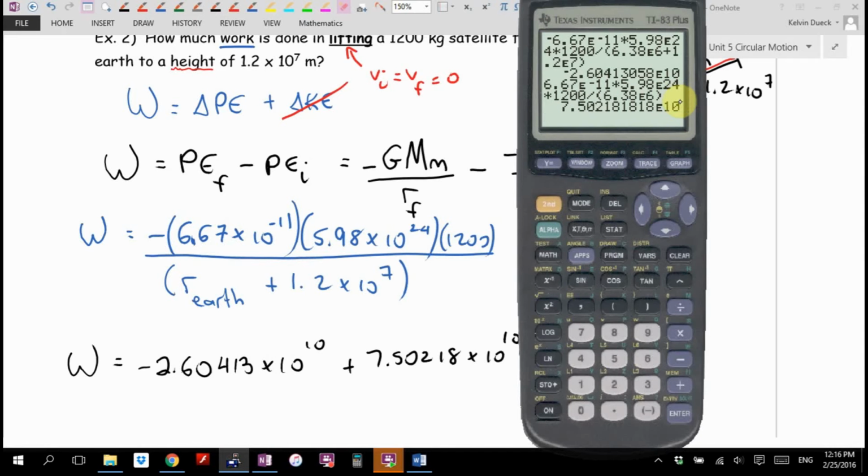So really all I need to do is take away 2.60413 times 10 to the 10th. How many joules of energy will it take just to fire this rocket straight up? That much. Now I'll go to 3 sig figs. I guess 4.90 times 10 to the 10th.